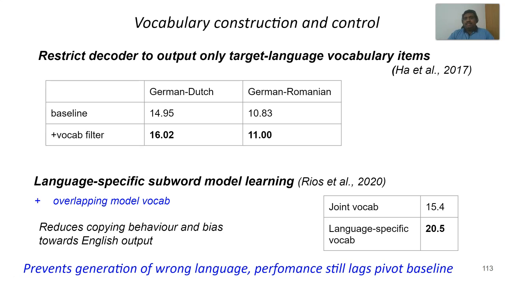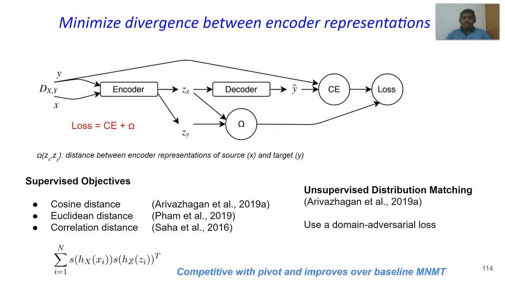It gives a very good improvement over training with a vocabulary that is jointly learned. Both these methods can prevent generation of wrong language, but the performance still lags the pivot baseline. So what do we still have to do?